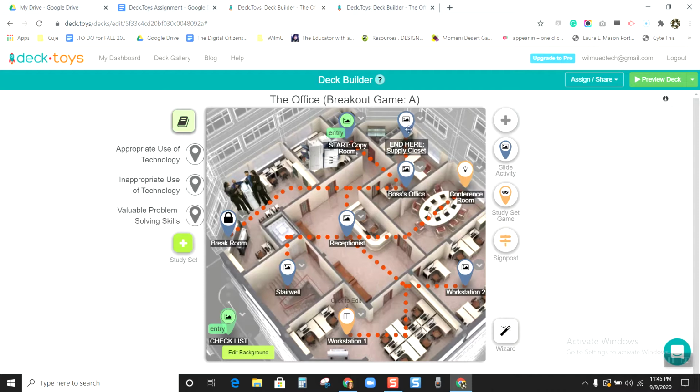Whereas these 3 were more related to the game. We did have 6 different kind of lessons, if you will, or activities. And then no more than 2 study sets. So in this case, we had 2 study sets. We had the matching game and the sorting game, but everything else were slides.